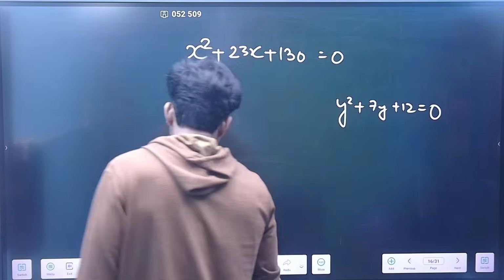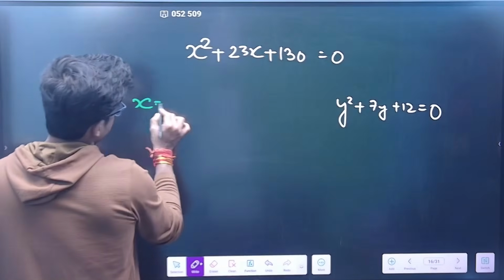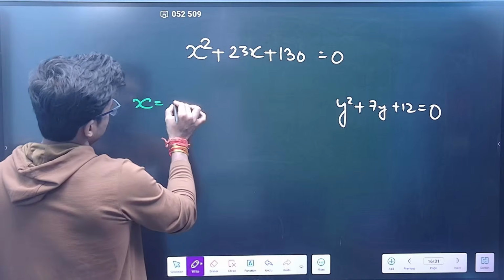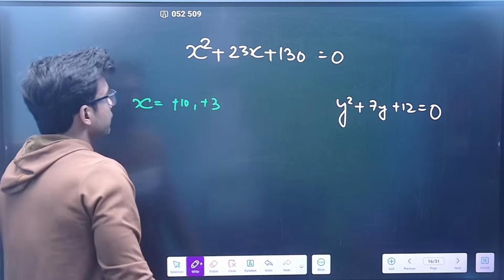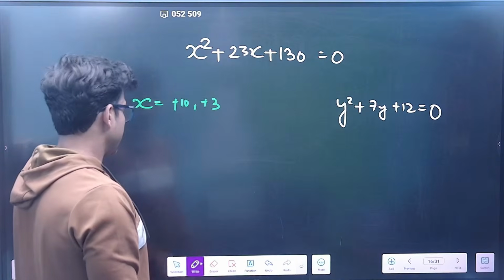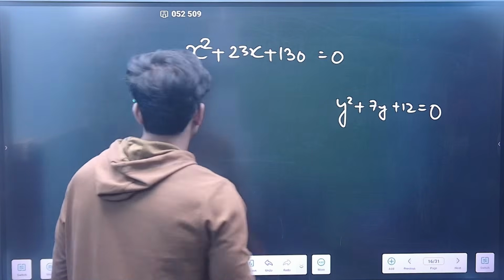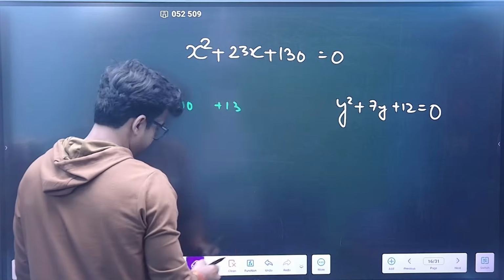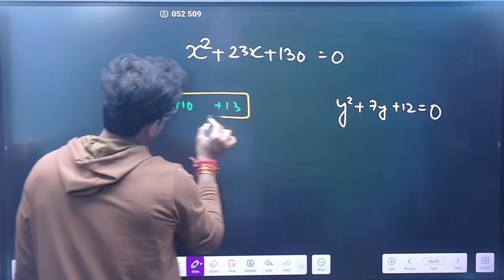Now first of all, the value of x would be how much? Positive 10 and positive 13. This is the value of x I am getting.